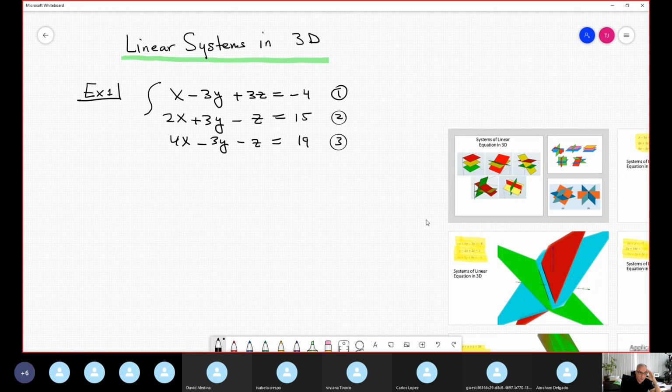Super. Okay. First of all, let me try to understand the interpretation of that. We have 3 equations. We have 3 unknowns.